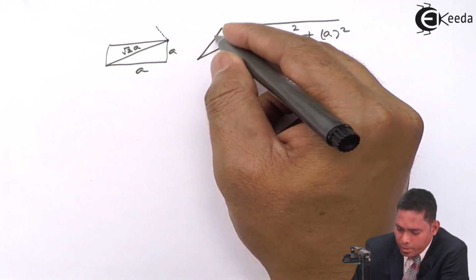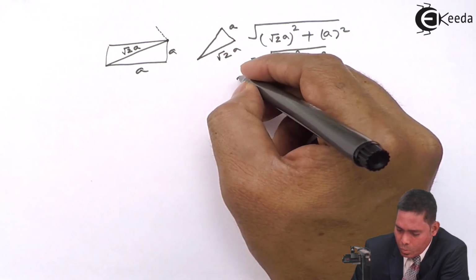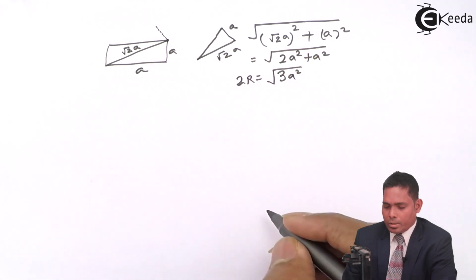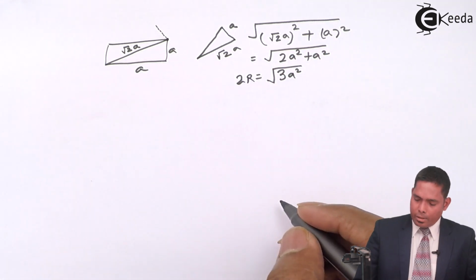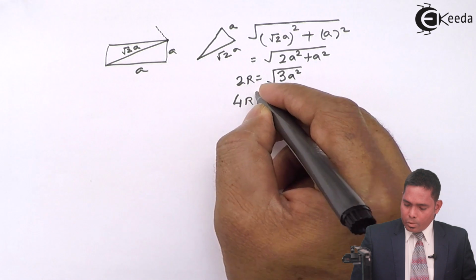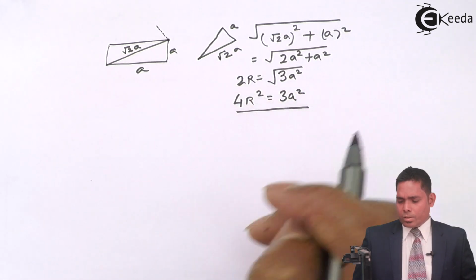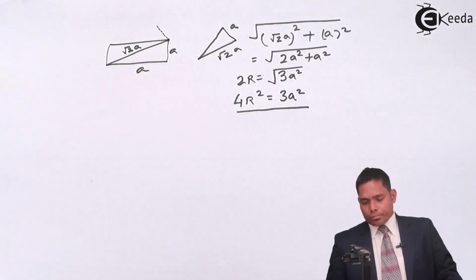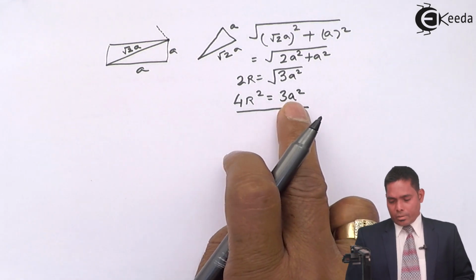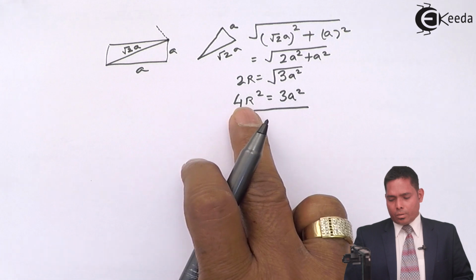So this body diagonal, which is 2r, gives 4r squared equals 3a squared on squaring both sides. This is a useful relation, so that whenever a is asked, we can write a in terms of r.